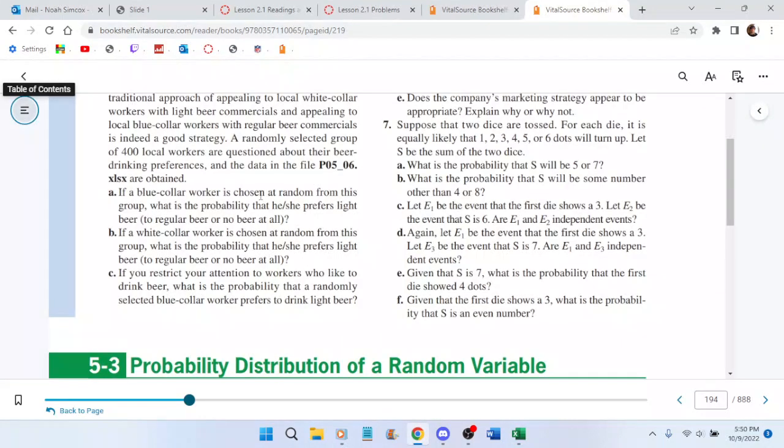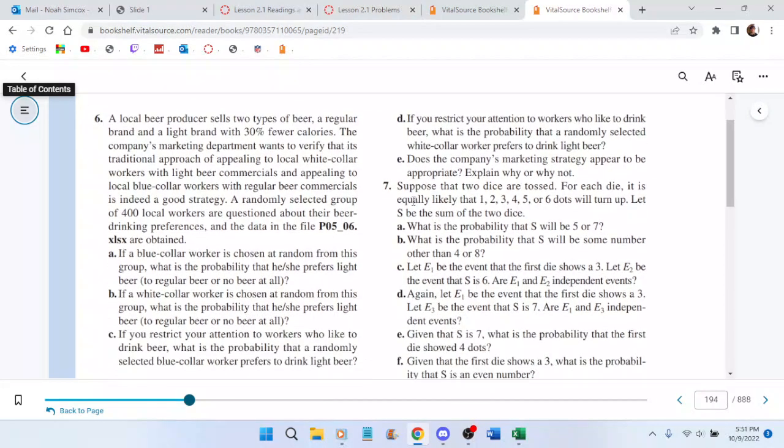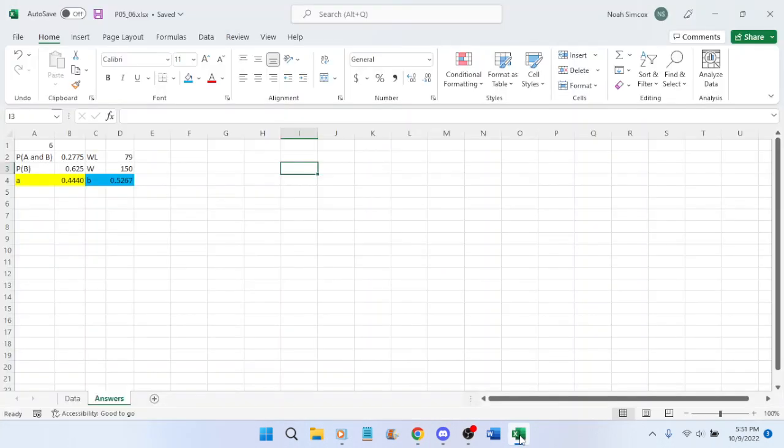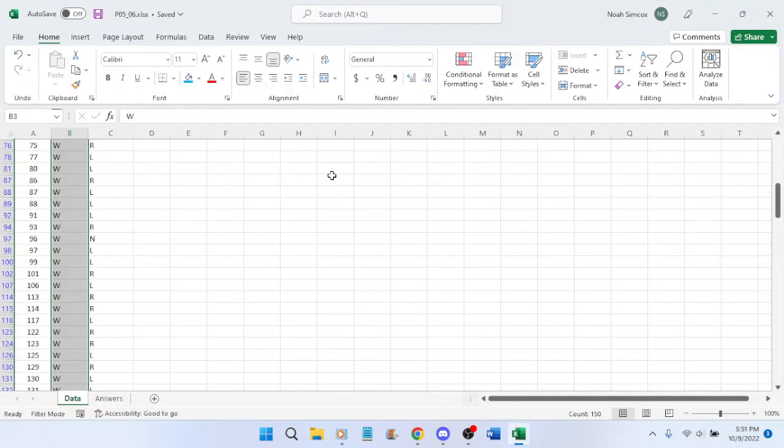Hold on. No, there's part D and C. E. Only restrict your attention to workers who like to drink beer. Okay, so now clear filters again.